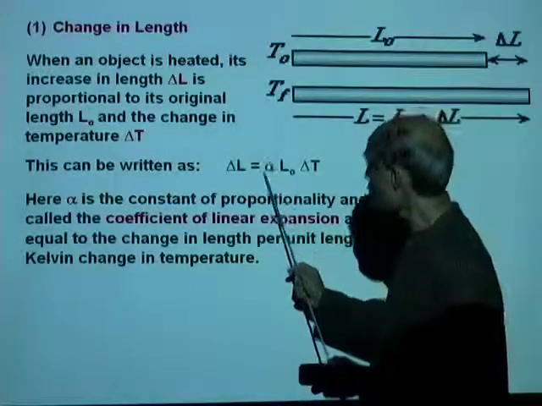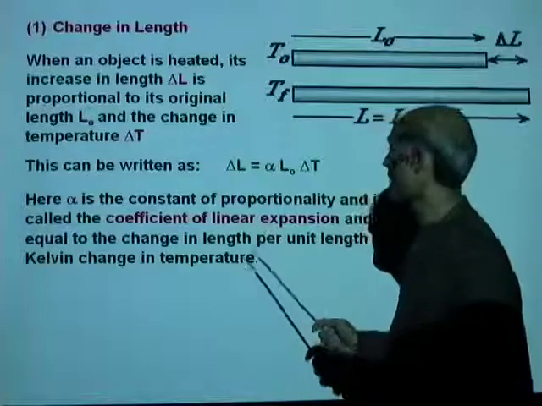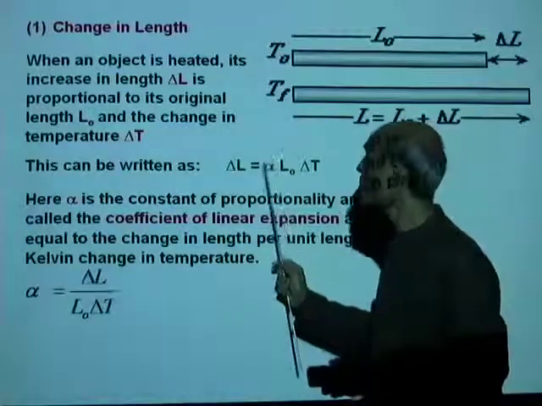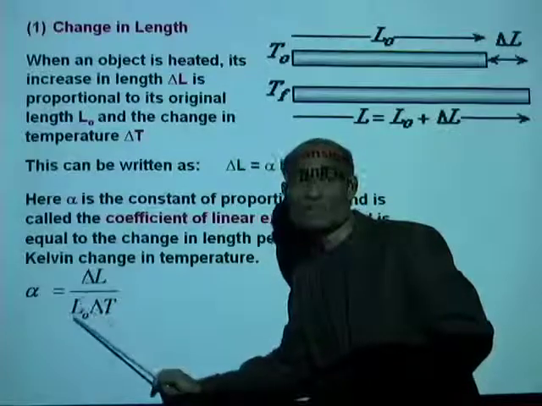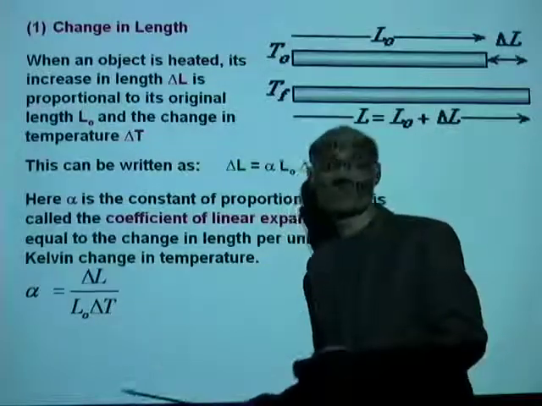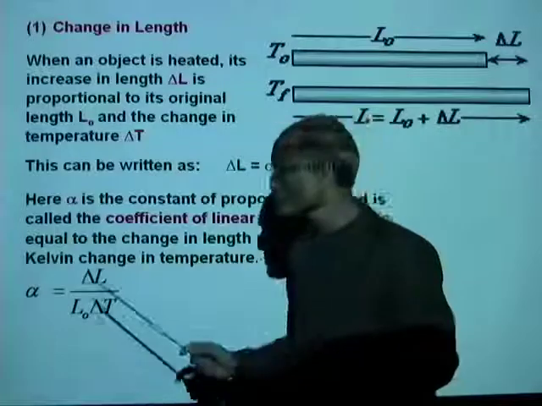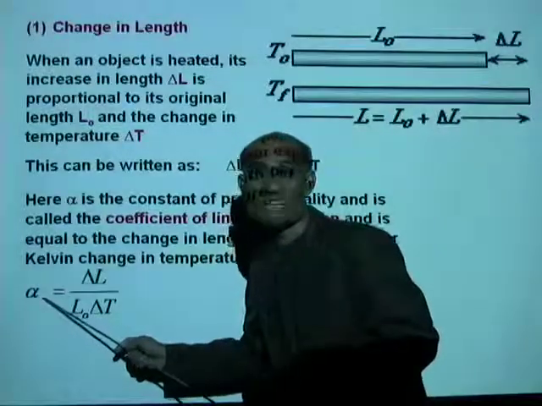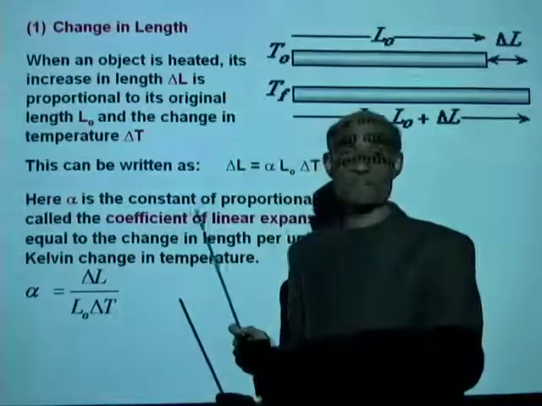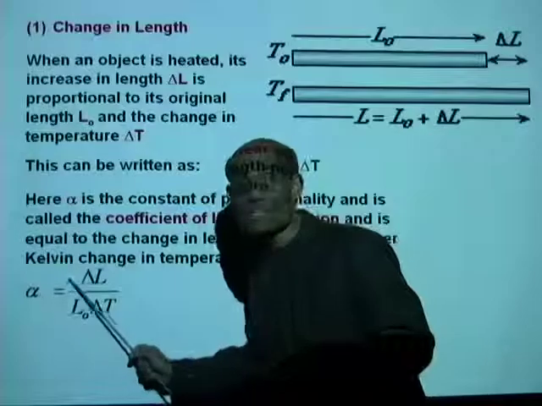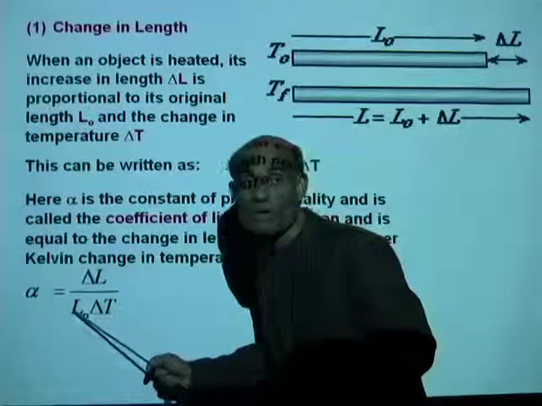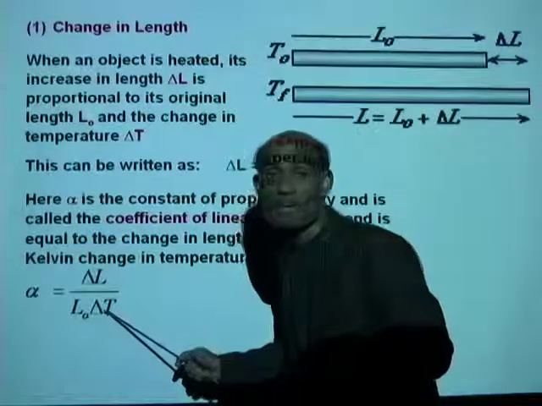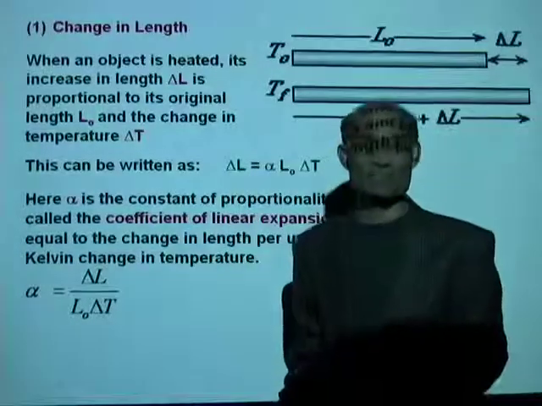And what is the value of that? If you write an equation for it, alpha equals delta L divided by L0 delta T. So what is alpha? Can you give me a sentence describing alpha? Alpha is a measure of the increase in length per unit length per Kelvin rise in temperature.